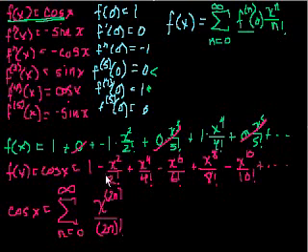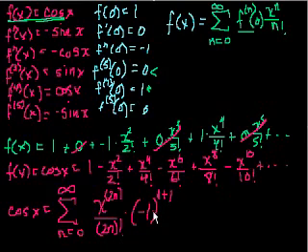We'll just multiply by negative 1. Let's see what we can do. We want the first term to be positive, the second term to be negative. So we could say times negative 1 to the n plus 1. Let's see if that works. When n is 0, what's negative 1 to the n plus 1?